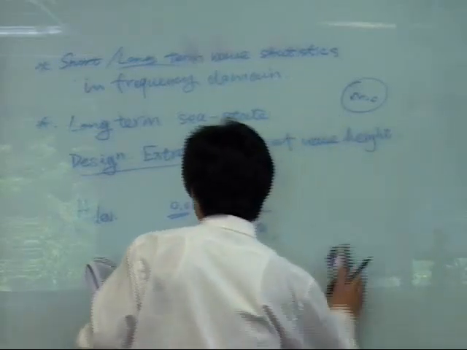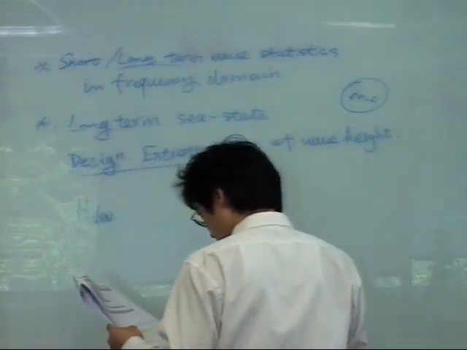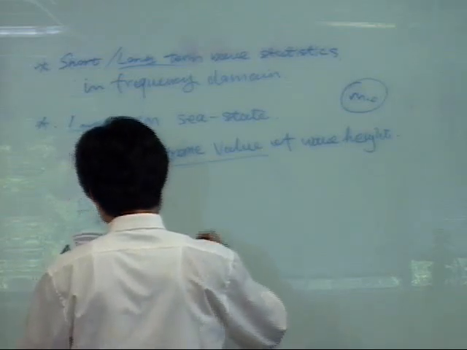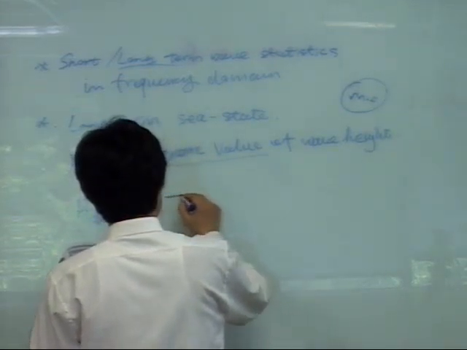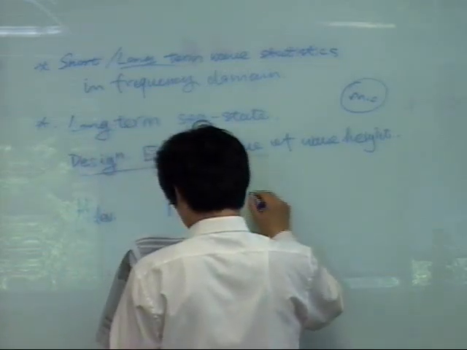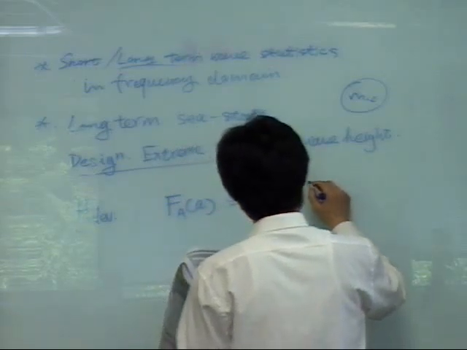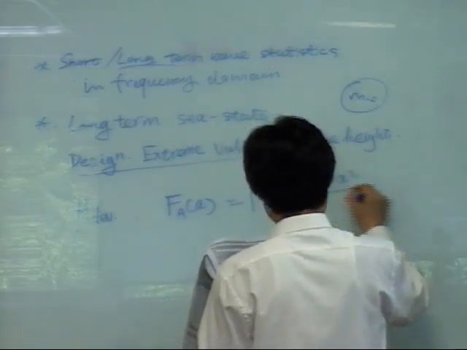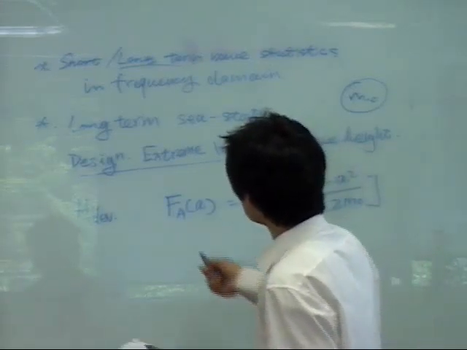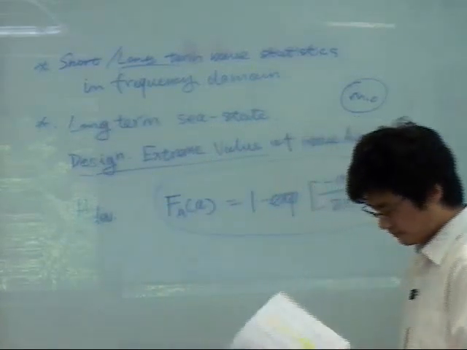So what do we have for the CPDF for the wave height or wave amplitude? That is F of A equals 1 minus exp, right? This is the Rayleigh distribution of the wave amplitude.